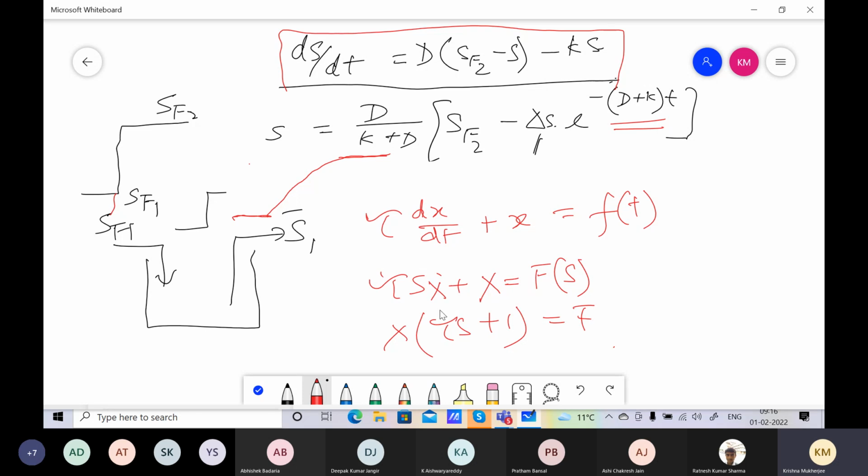And so x becomes equal to F upon, obviously, you get the point. Essentially, x becomes equal to 1 by tau s plus 1 times F. That is the Laplace equation, and then we can solve it. So we can solve most of these equations in terms of tau.